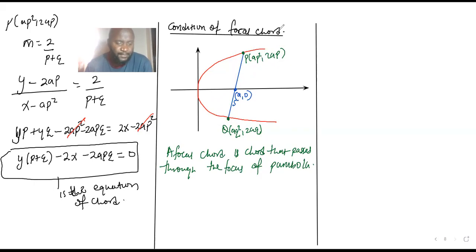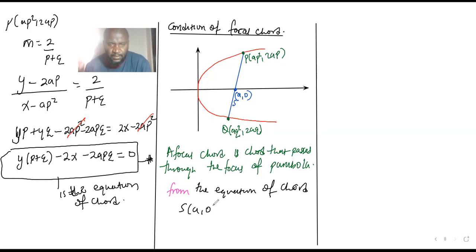So case one, from the equation of the chord above, we know S is at (A, 0).